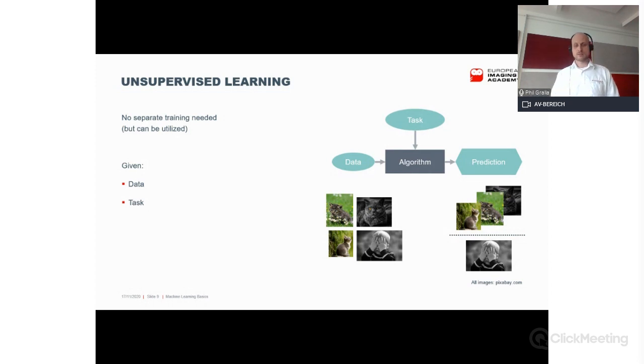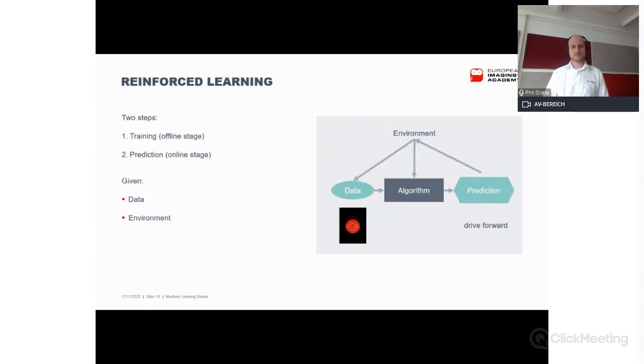And some people call it a workaround. I prefer to see it completely as its own, so-called reinforcement learning. If you look at it, the picture, the explanation looks almost the same as the teacher. The important part here is we have something called an environment, somewhere where the algorithm is kind of living in.